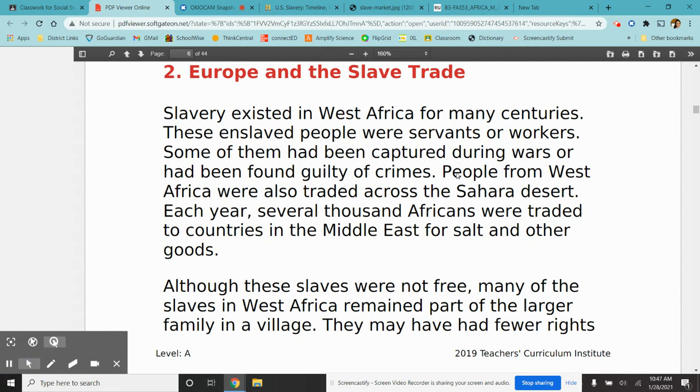And another part, it says they were enslaved in villages as servants and workers for being captured during war or for crimes as punishment. And then another piece here is they were also traded in the Middle East for salt and other goods.